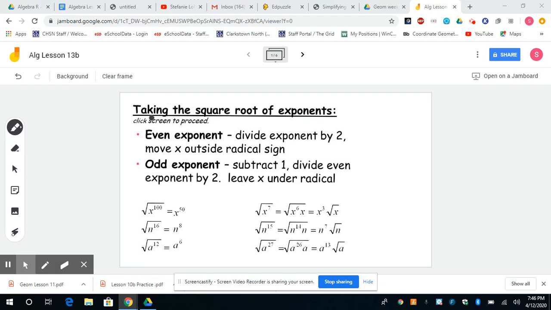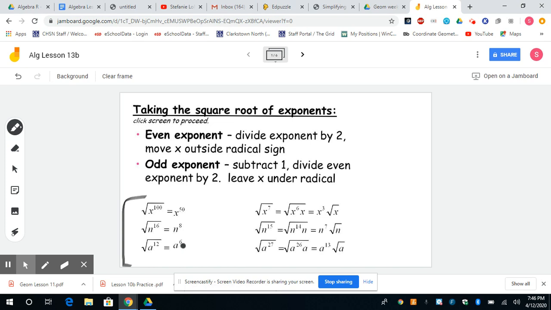So when you take the square root of exponents, so when we have our variables x, y, z, and whatever we have, and it's raised to an exponent, if it's an even exponent, we just divide the exponent by 2 to move x outside the radical sign. So if you have an even exponent, like 100, 16, 12, they're even numbers, you can divide them in half.